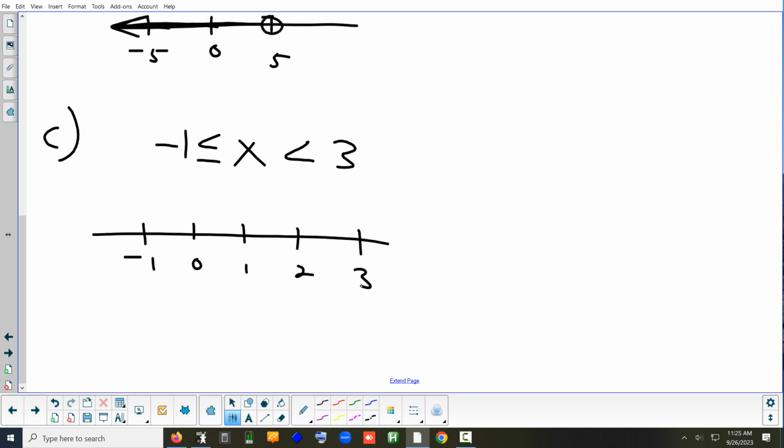Because this is a bounded interval, it's a little different than graphing the unbounded. So we're going to do the closed circle over -1, and then an open circle on 3, and then shade in between. Because it's a bounded interval, we shade between. We don't have an arrow that keeps going in one direction. Questions on that?